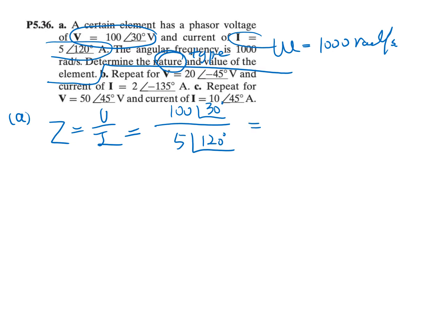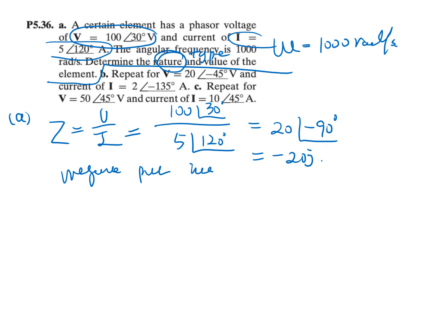Simplify this, you can get 100 divided by 5, that's 20. 30 minus 120 is negative 90, and this is negative 20j. And recall what we learned from the last question. Because it is a negative, pure imaginary value, so this is a capacitor.